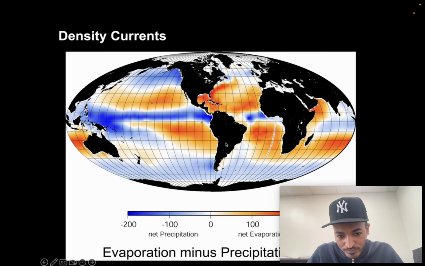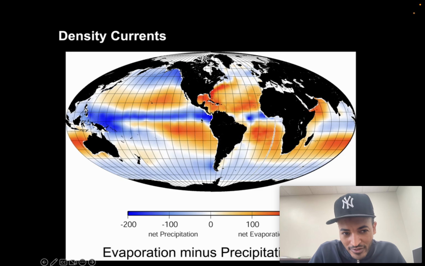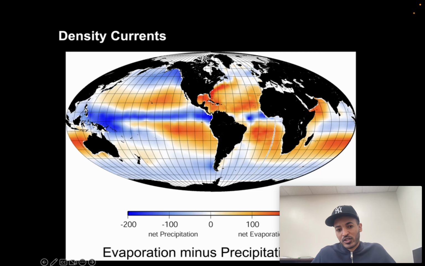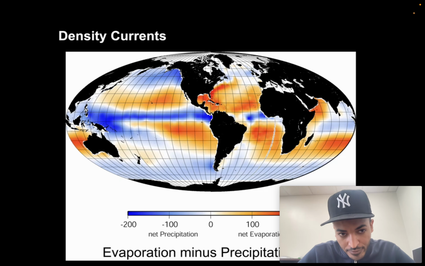But generally, if we look at the evaporation extent in the global ocean, we have higher evaporation, and that means net precipitation loss in the tropics, right? What you see here in blue is where we have net precipitation loss, so the extent of evaporation is very, very high, right? But that's expected.